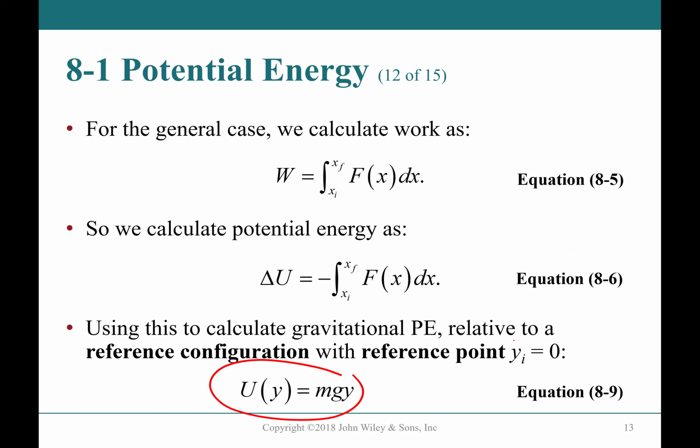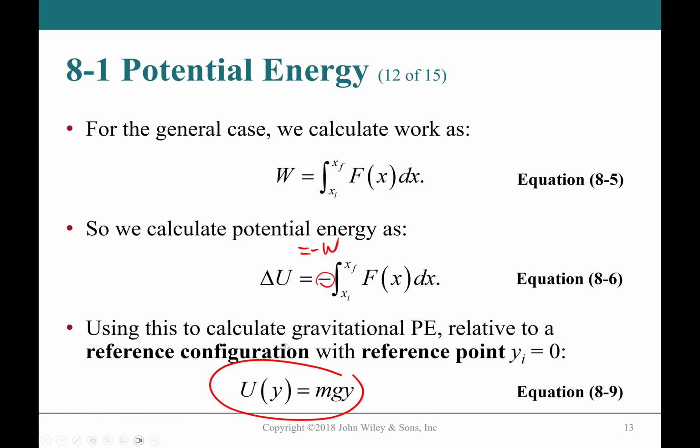And we also have this general case, how to calculate your work. This is by integration: work equals the integral of F_x dx, from the initial position to the final position. So the potential energy, delta U, will be equal to negative W. That's why you have this negative sign here, going from initial position to final position.